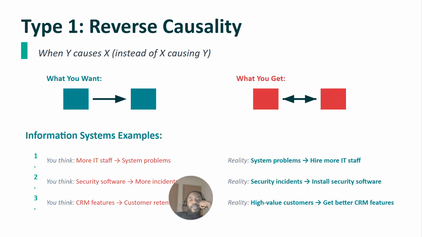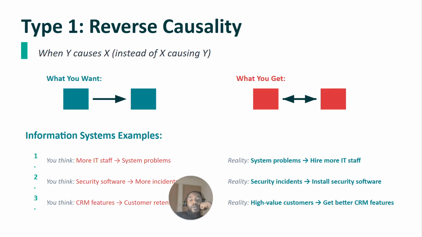Number three, you might think that CRM features improve customer retention, but in reality, companies give higher value customers, the ones who are extremely loyal, access to better CRM features. So you can see it's reversed.